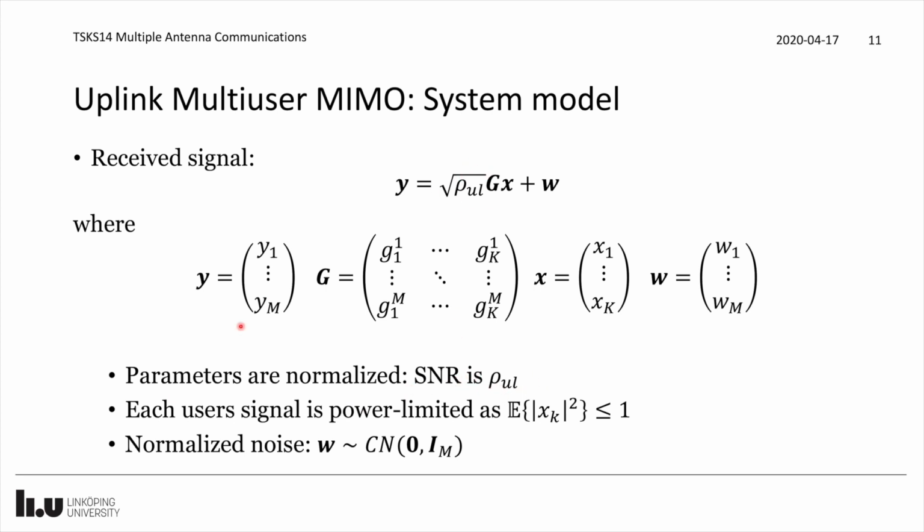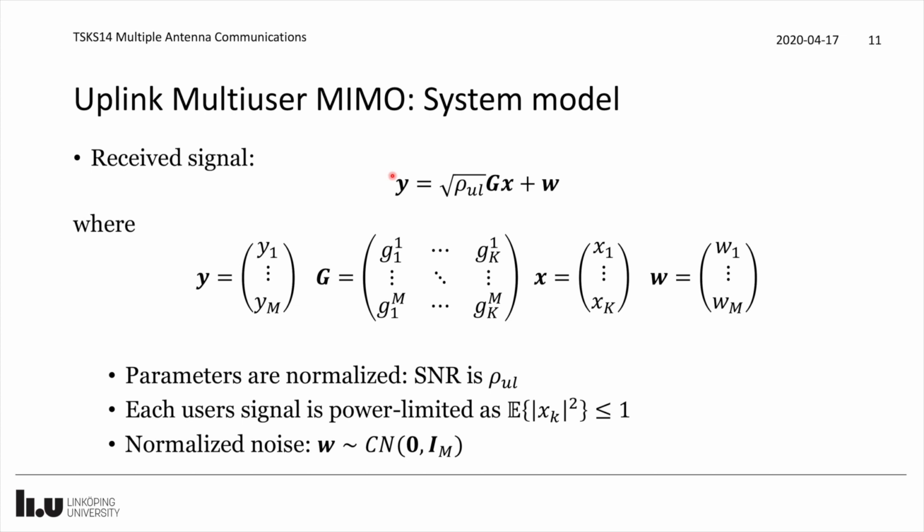And then each user has a signal power that is limited, but we have normalized it such that the expected value of the absolute value squared of the signal for user k should be smaller or equal to 1, and not some particular power P, because all of those things are in this rho term instead. And also the noise variance has been normalized, so we are moving it into rho uplink here as well. So therefore each of these elements in the noise vector has a variance 1.